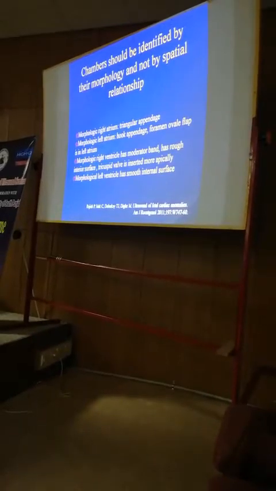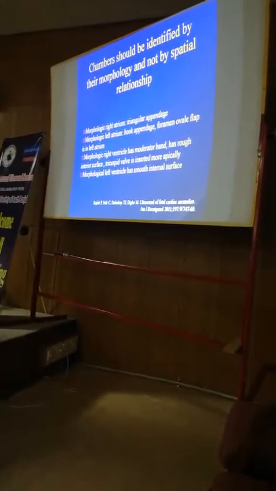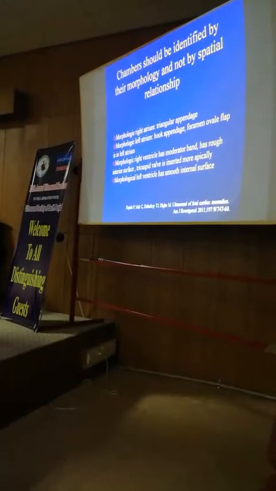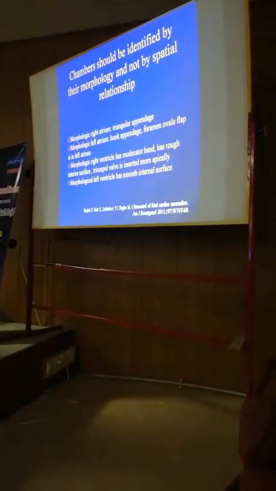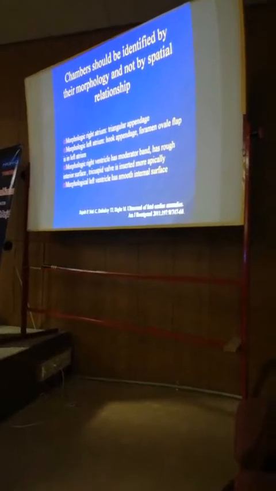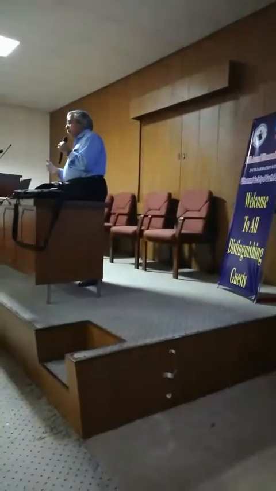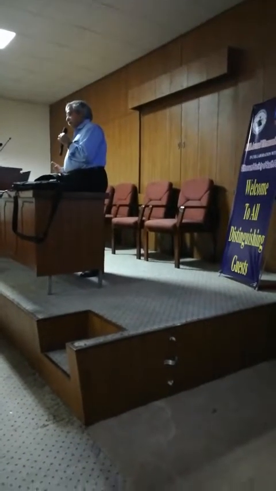They're not saying the left ventricle is located on the left side, the right ventricle is located on the right side. They are identifying each chamber according to its anatomy. And that is what separates an echo done by a pediatric cardiologist from an echo done by all of us. They are looking at the morphology of the chambers and the spatial orientation of the chambers.